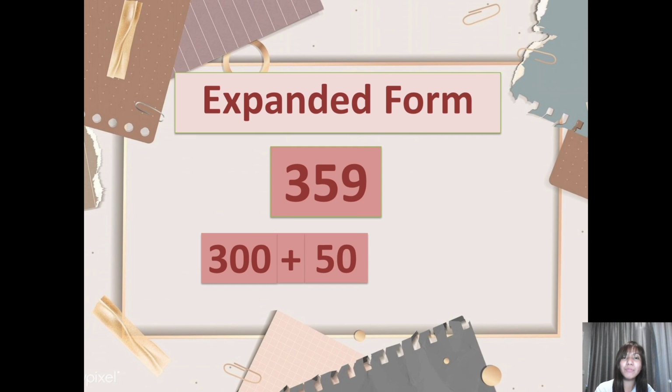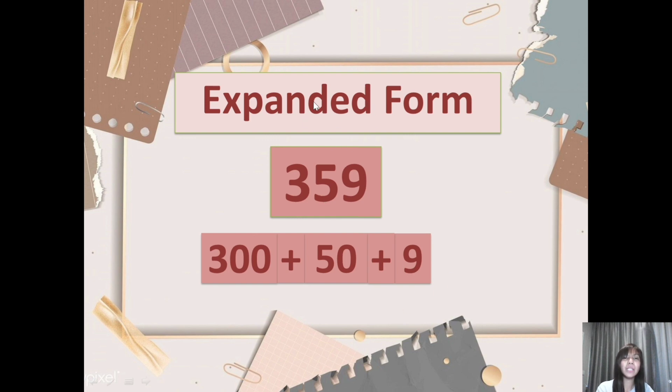So we have 50. And then another plus. And then the number 9 here is in the ones place value. So 9 units. So if you add 300 plus 50, 350 plus 9, so 359.